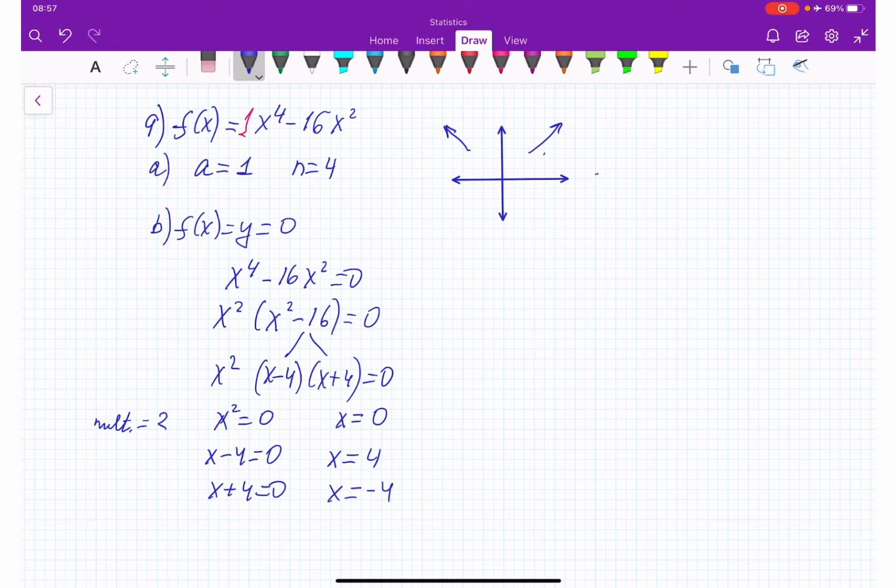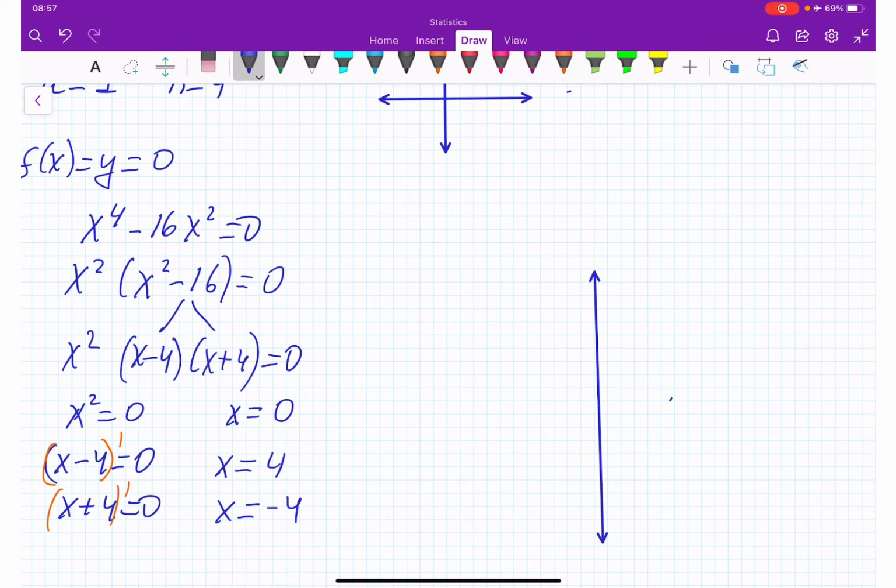In this case, multiplicity is equal to 1, and in this case also, multiplicity is equal to 1. Okay, well, let's build. I don't think it's straight. Let me fix it. Okay, now we have it straight.